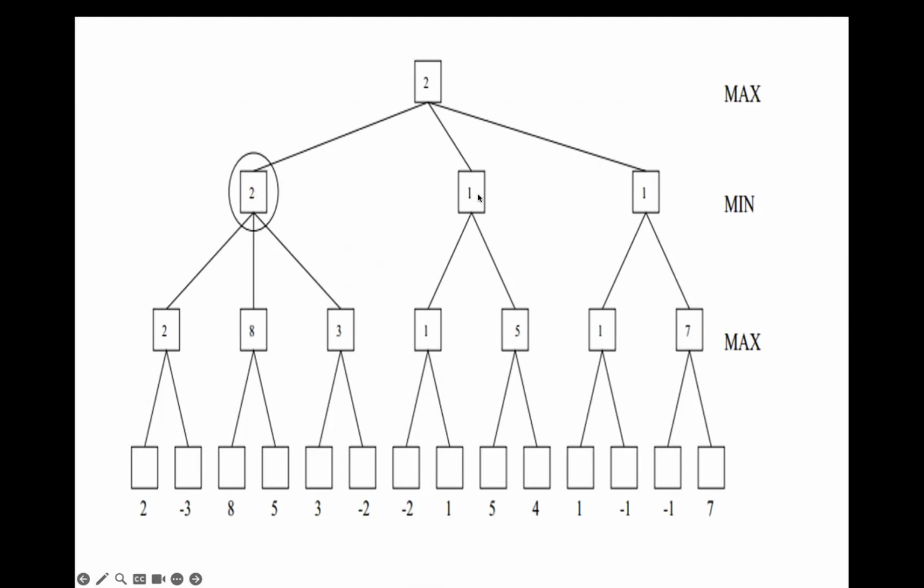Now, imagine for us to get here, we had to look at all these nodes, some of which were less promising, because we know that given here, they can get a 2, there they can get a 1, and there they can get a 1. Why go for these ones which are less promising?